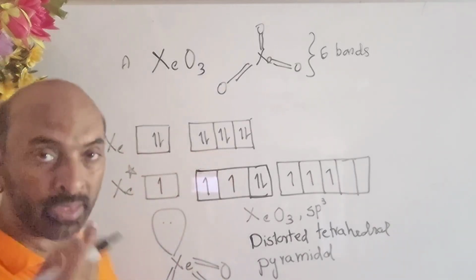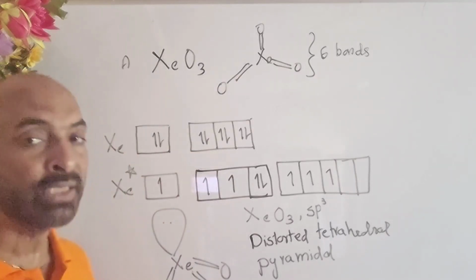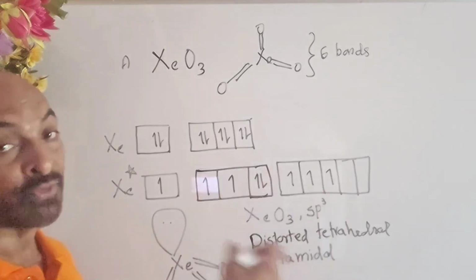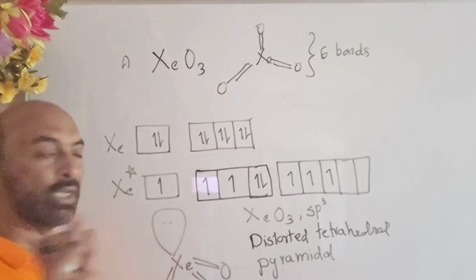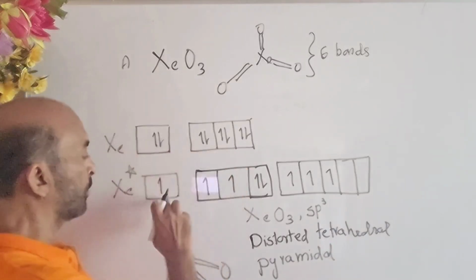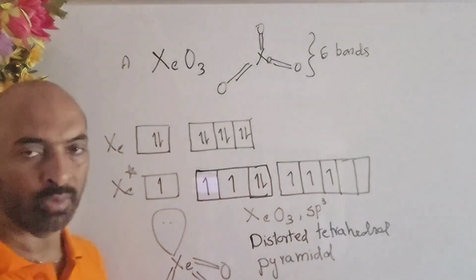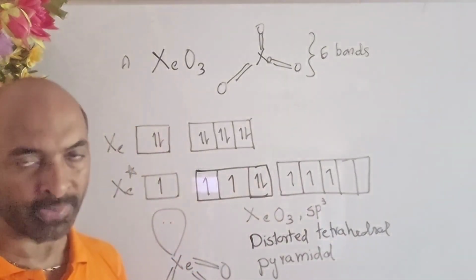So, to get 6 unpaired electrons, 3 pairs of electrons must get unpaired by making use of the vacant 5d orbitals. So 3 of the electrons get promoted like this to 3 vacant d orbitals. So there are 6 unpaired electrons as well as 1 lone pair.